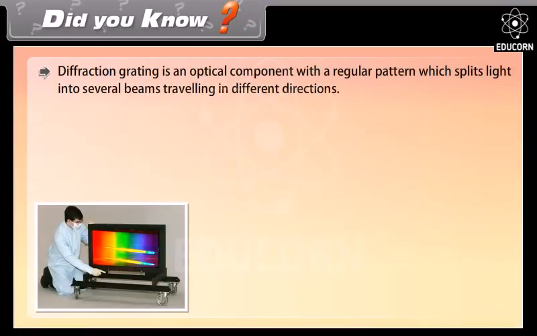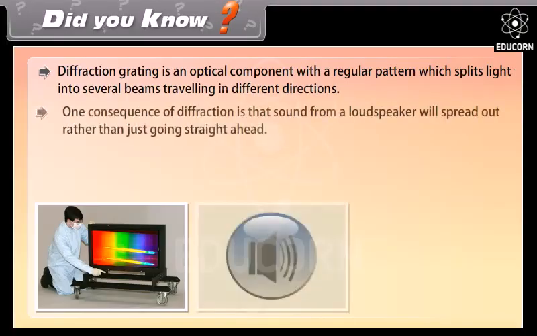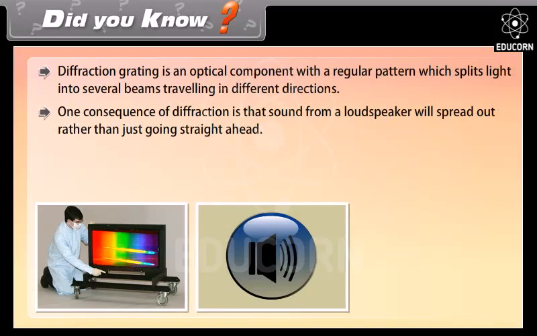Did you know? A diffraction grating is an optical component with a regular pattern which splits light into several beams traveling in different directions. One consequence of diffraction is that sound from a loudspeaker will spread out rather than just going straight ahead.